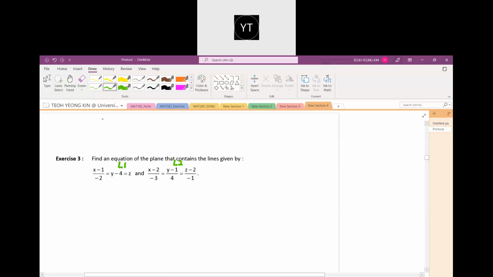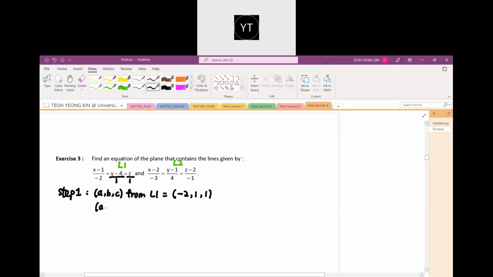From L1 and L2, step 1, determine the ABC from L1 and L2. The ABC from L1 is equal to -2, 1, and 1.